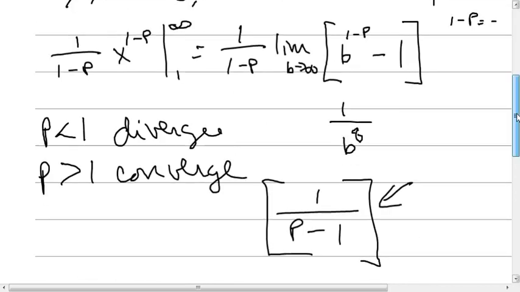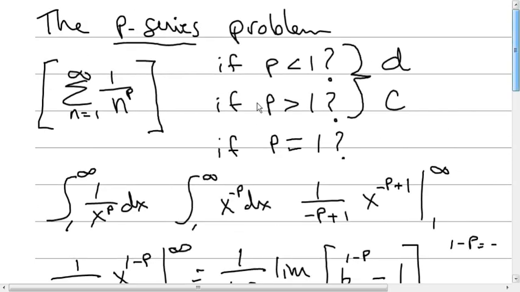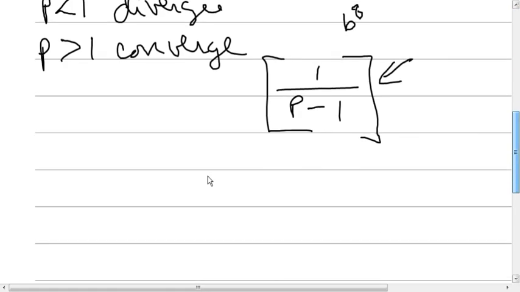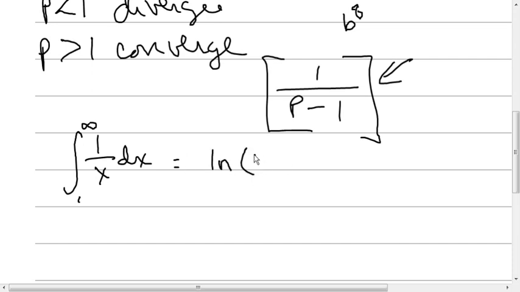Let's go back and do our integration. Here's our original problem, but when p is equal to 1, it really looks like this. It's just 1 over x dx from 1 to infinity. When we integrate that, we get natural log of x evaluated from 1 to infinity.